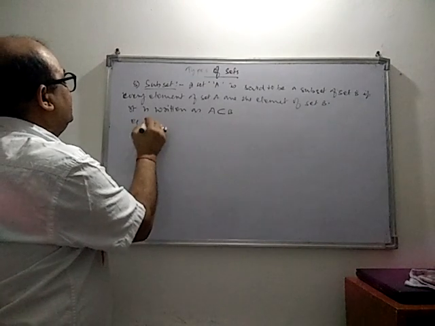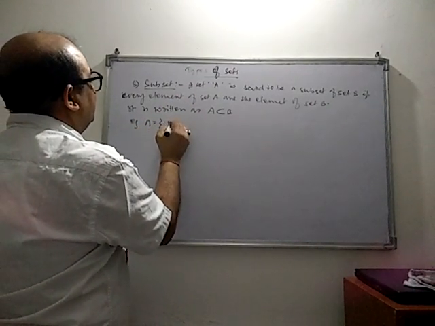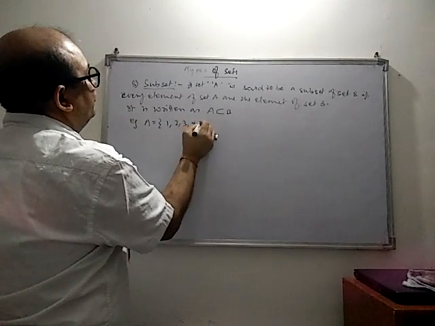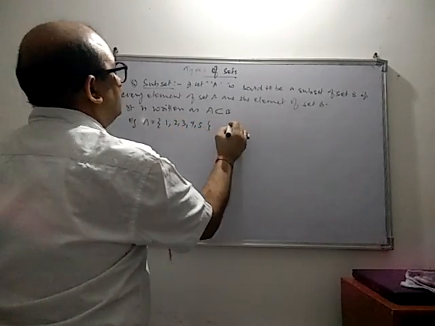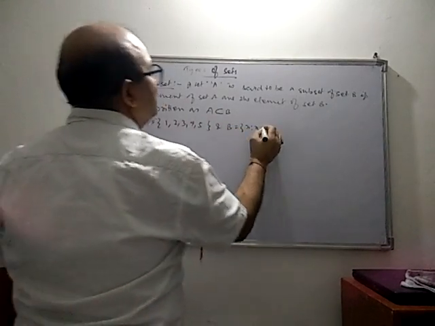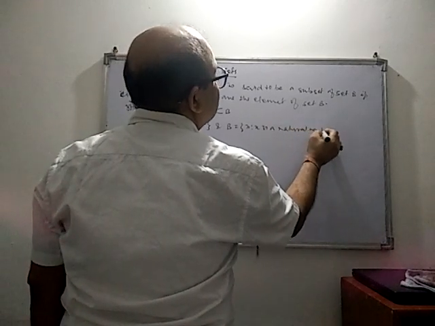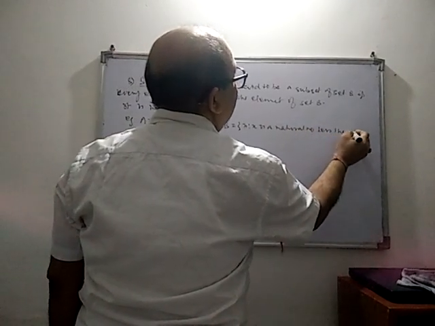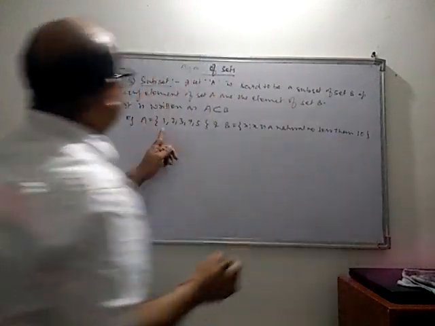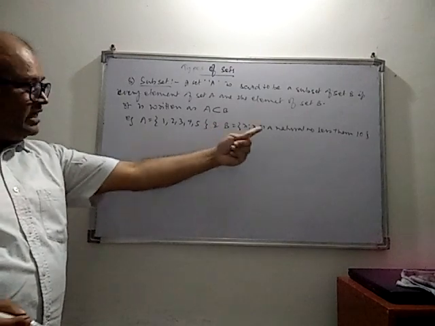Suppose, for example, A equals {1, 2, 3, 4, 5} and B equals {x such that x is a natural number less than 10}. Here 1, 2, 3, 4, 5 are all natural numbers less than 10 also.